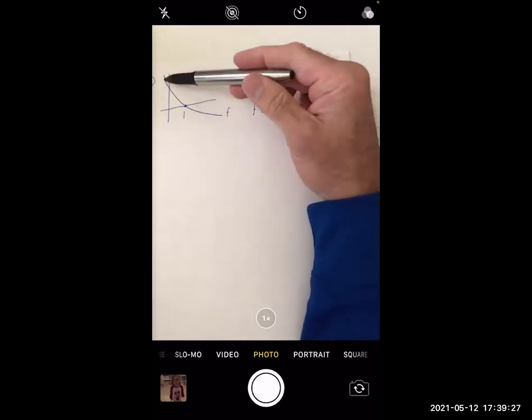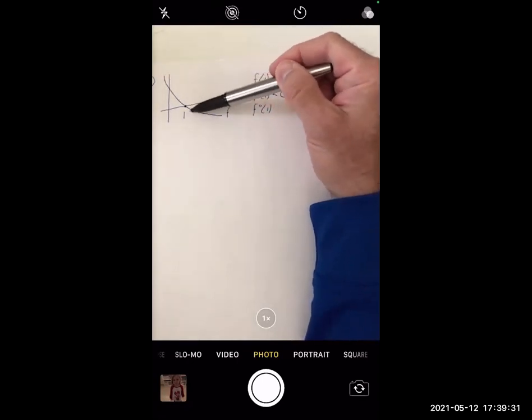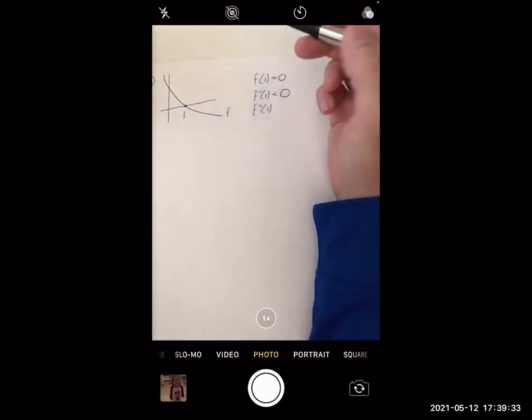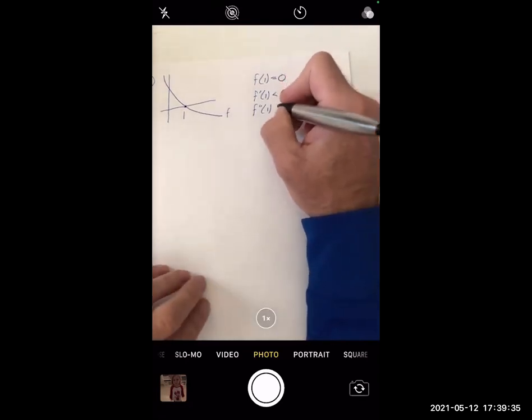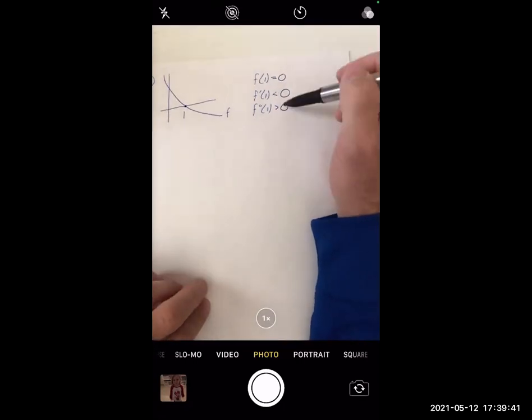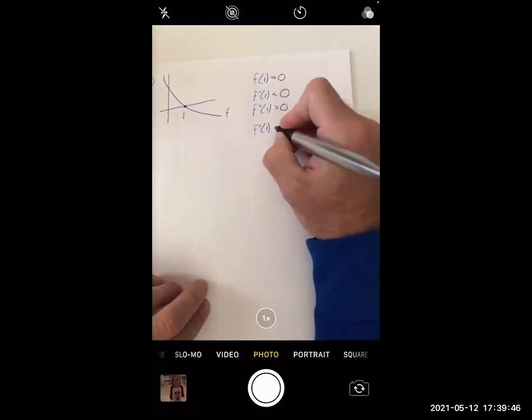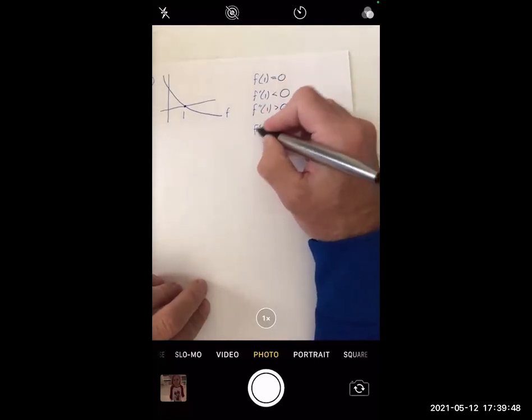And then if you look at the curve, is it concave up or concave down? Concave up. So that means the second derivative is positive. So now you know how to order them. The first derivative is the smallest since it's negative.